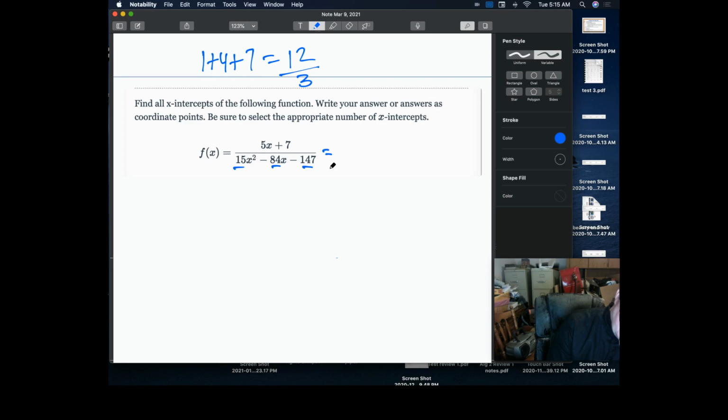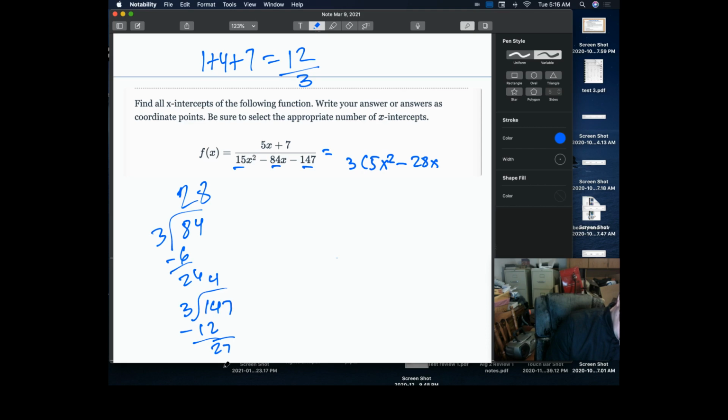So I'm going to factor out a 3 first, make that a little smaller. So 84 divided by 3. And then 147 divided by 3. Okay, so that makes it a little easier on the eyes.